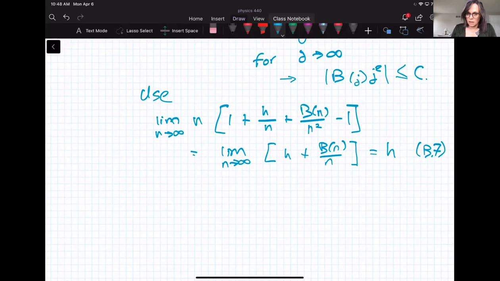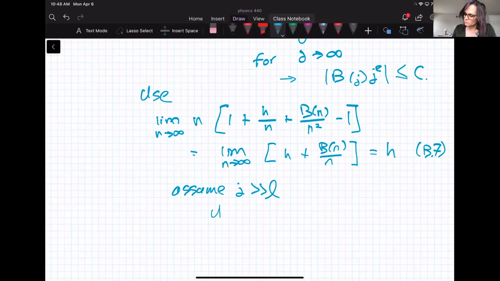Now, in order to make this useful, assume that j is much greater than L. We haven't defined what L is, but if you go back, you realize that L will have something to do with the symmetry of the problem.